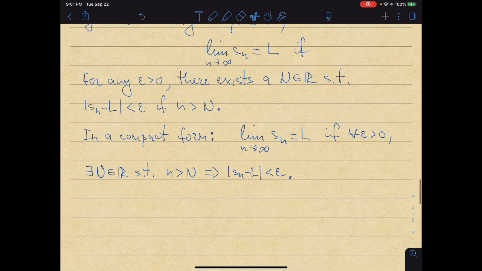And in the next lecture, I'm going to discuss how you use this definition to actually prove that limits exist and are equal to a particular number.